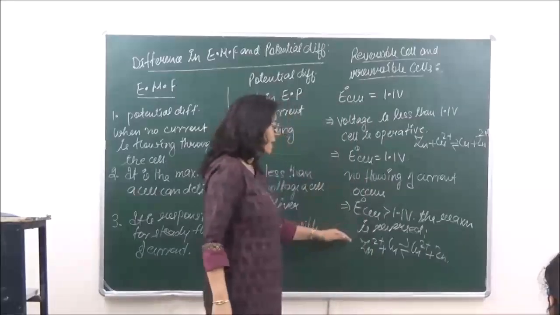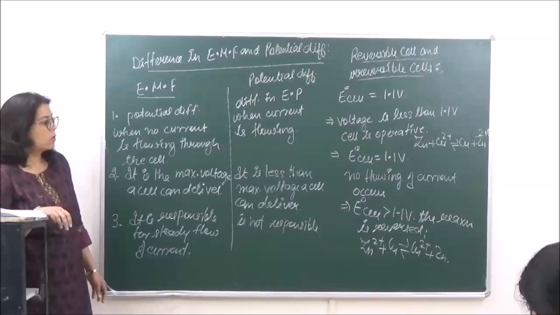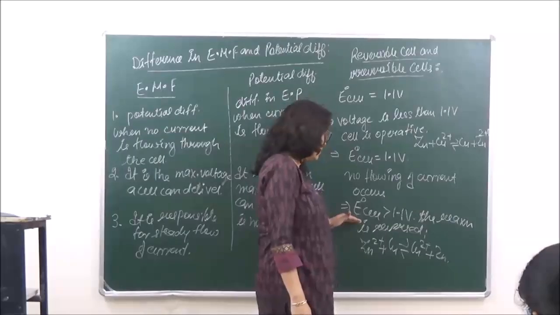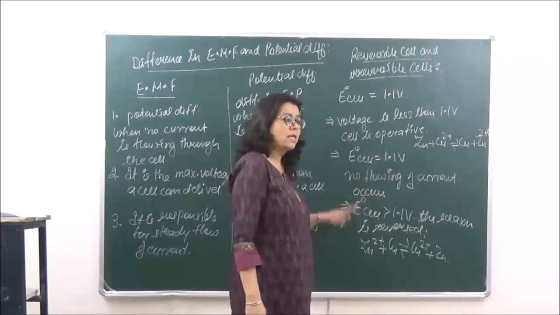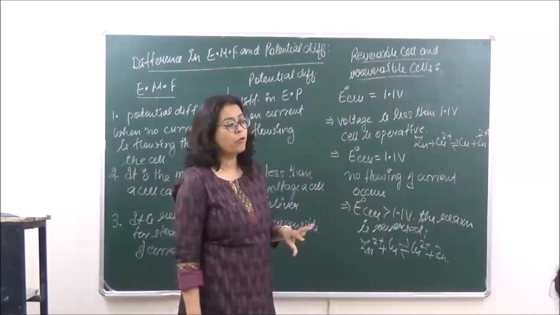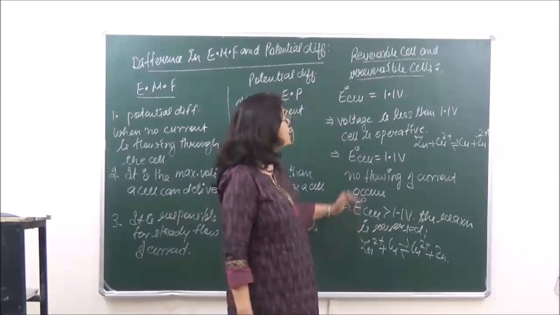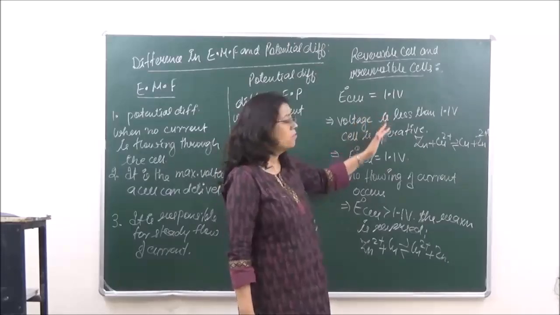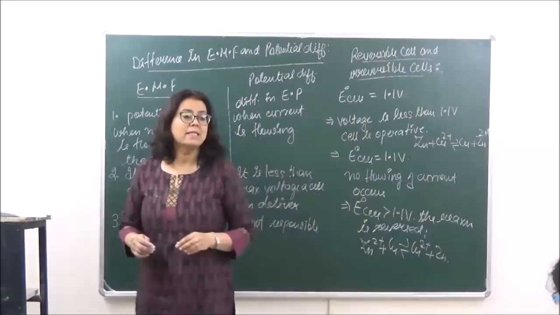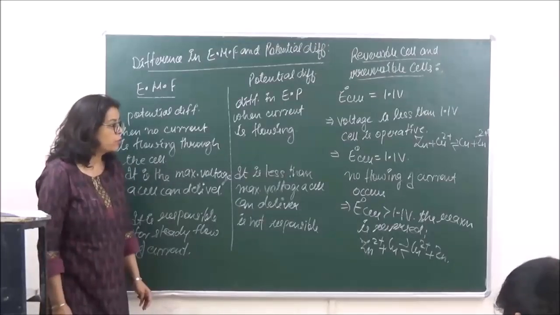Now the galvanic cell becomes equal to an electrolytic cell in the third case. So at a voltage greater than 1.1 volts, the reaction is being reversed. Now the current will flow from anode to cathode, and the electrons will flow from cathode to anode, and the whole system is reversed. Such cells in which, by increasing the voltage beyond normal, we can reverse the reaction are said to be reversible cells.